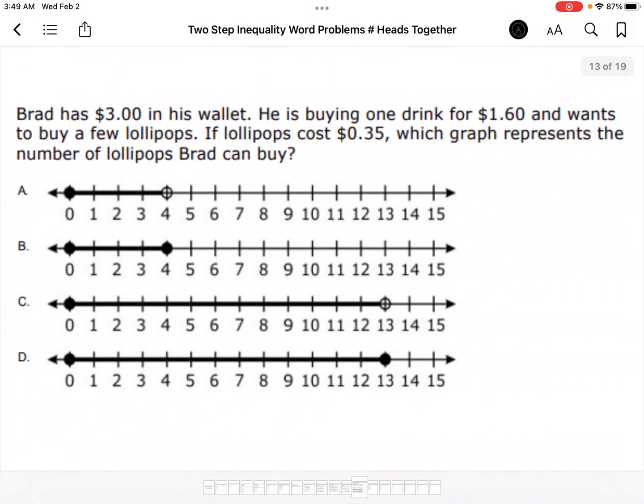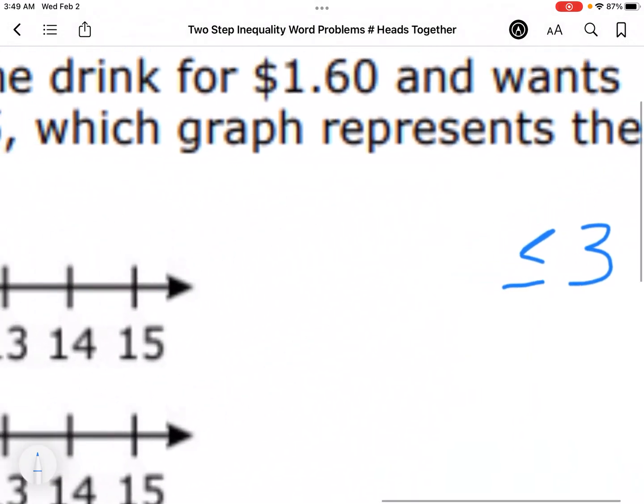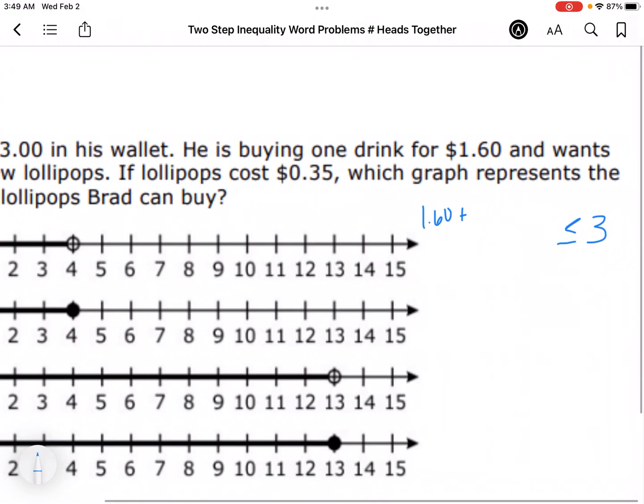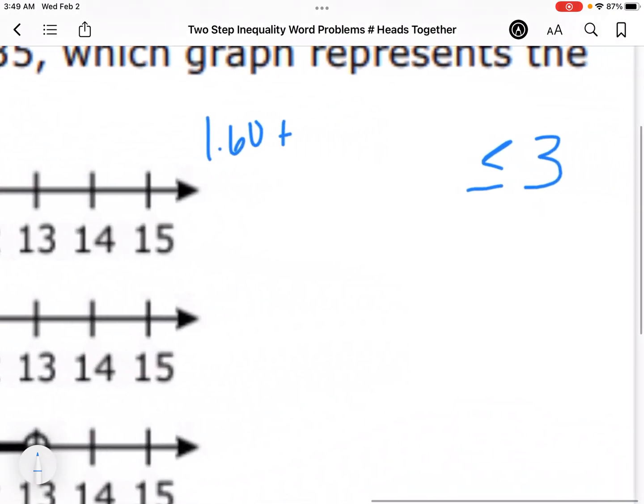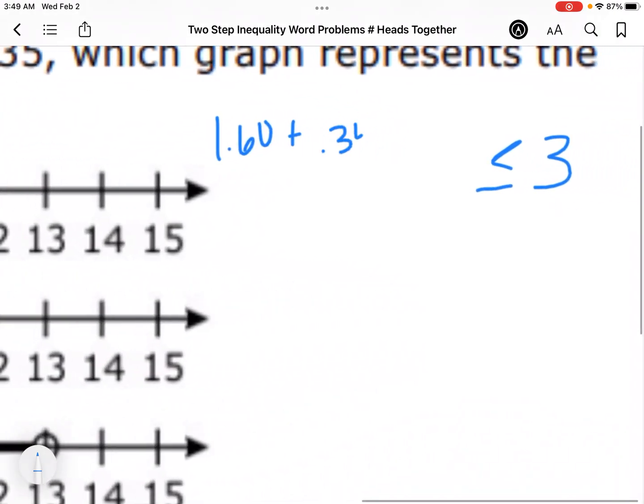Brad has $3 in his wallet, so that's the most he can spend. He wants to buy a drink for $1.60 plus 35-cent lollipops. What's the most number of lollipops he can buy?